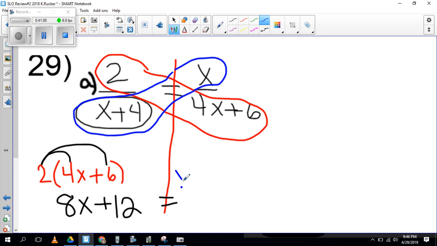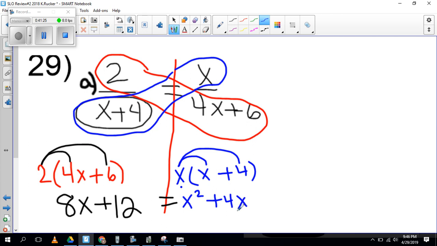So we do x times x. Remember, when we're multiplying, we just add our exponents. So we have x to the second because it's 2 x's. Then x times 4 gives us a positive 4x.